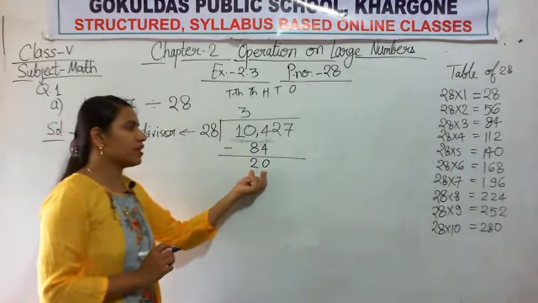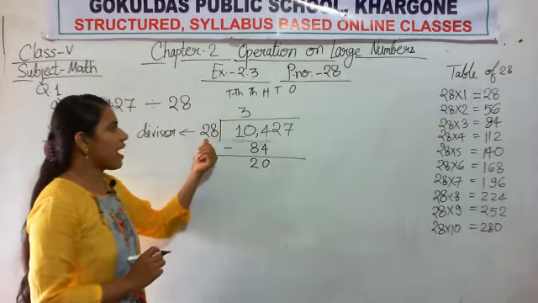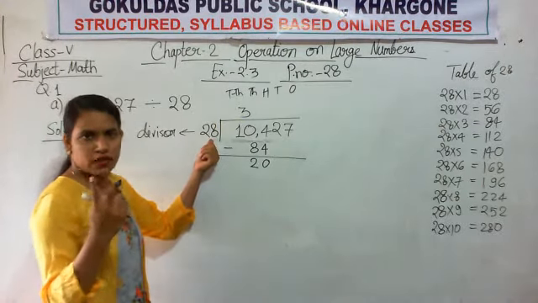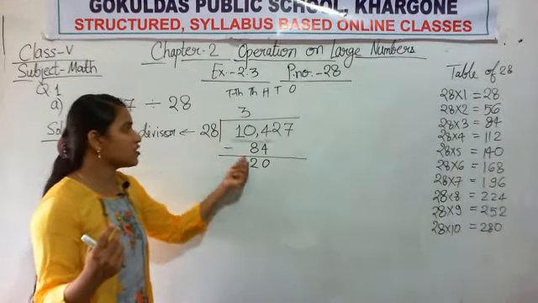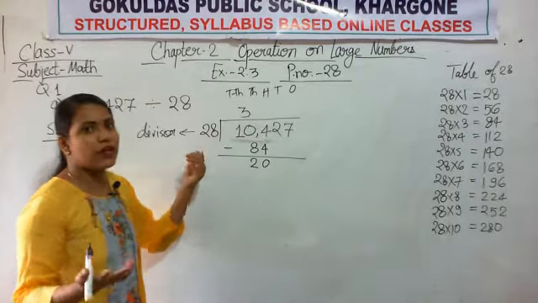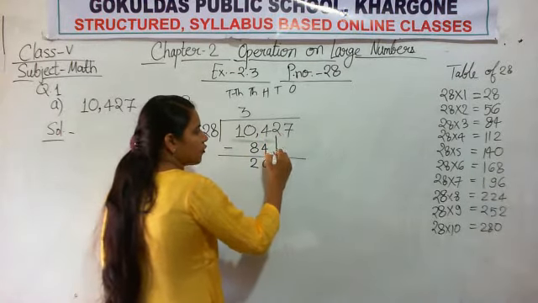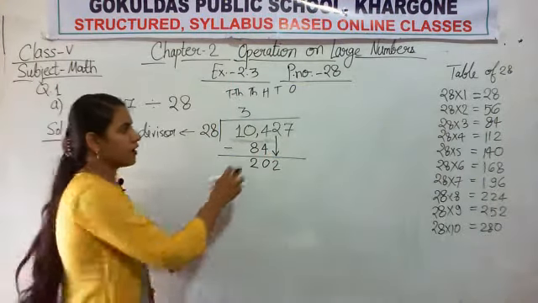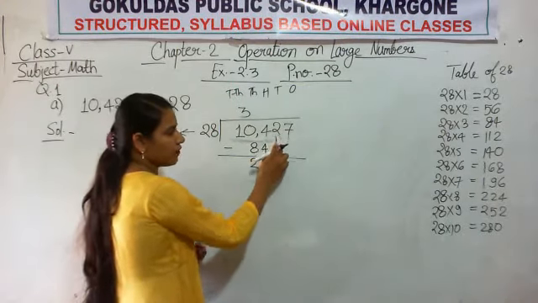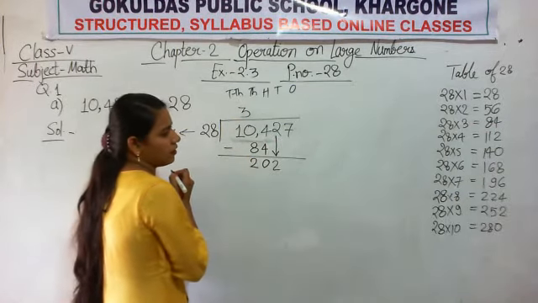Now your dividend is 20 and divisor is 28. Observe that the divisor has 2 digits, the dividend has also 2 digits, but the dividend is smaller than the divisor, so you cannot divide. So you have to bring down the 2 from the dividend here. Now it is a 3 digit number, now you can divide.